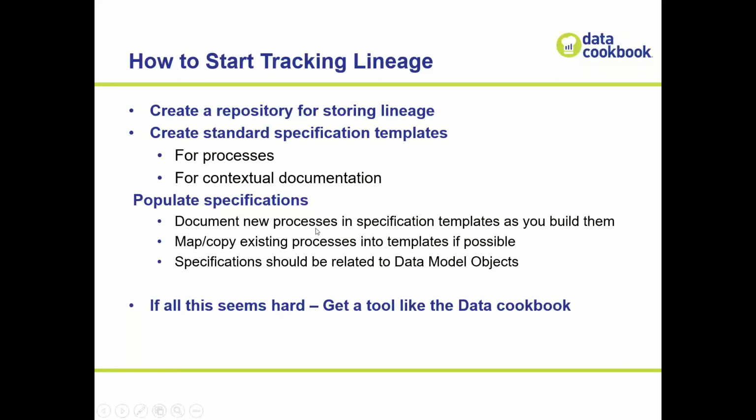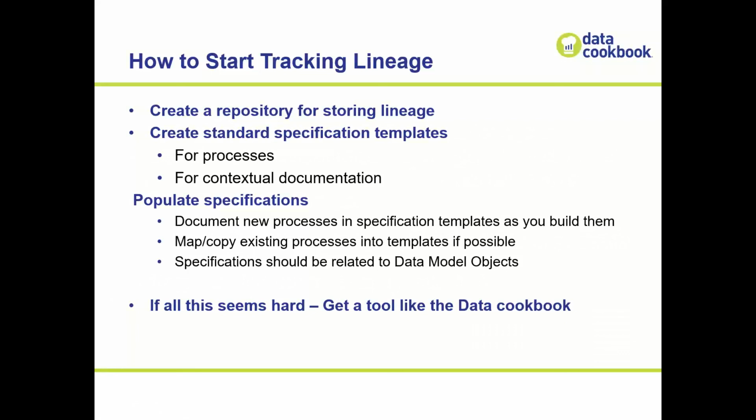Once you have a standard repository, you want to document new processes in those specification templates as you build them, and copy existing processes into the templates if possible. If you can get those things extracted in a standard format, figure out how to get those into your standard tools. And then lastly, specifications should be related to the data model objects.